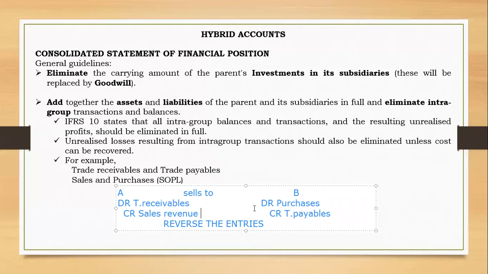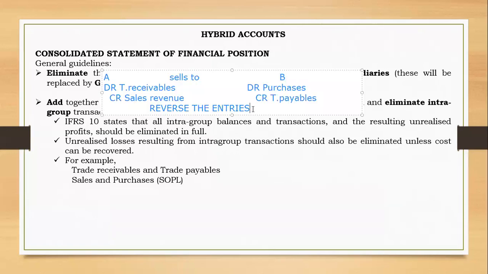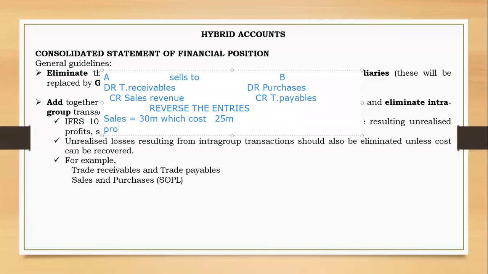Here we say that sales were actually 30 million, which actually cost 25 million. This means that the actual profit earned there was 5 million.